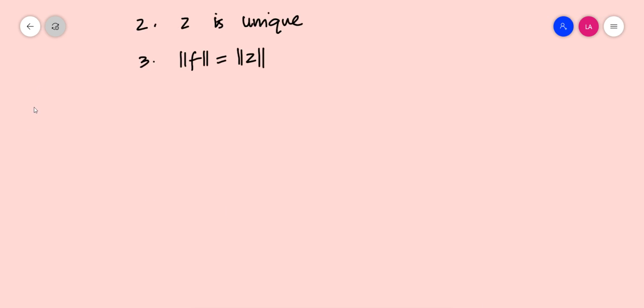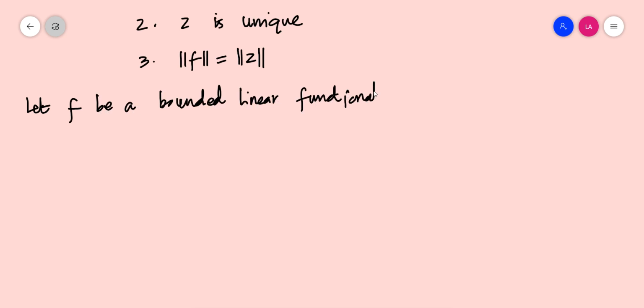First, assume that f is a bounded linear functional on H. Then we can divide into two different cases.